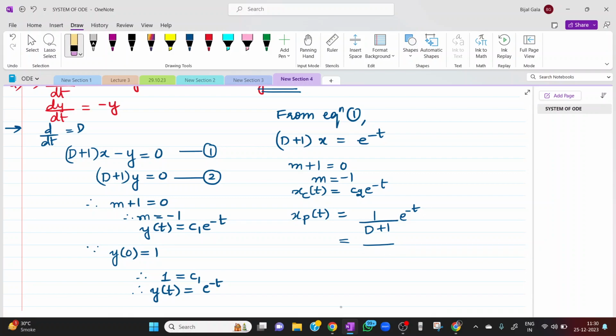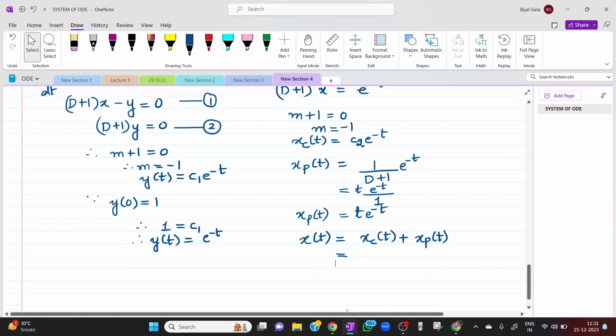In that case, I multiply by t and take the derivative of the denominator, which is 1, and e raised to minus t. So the particular integral is t e raised to minus t. My x of t, the general solution, is the complementary function plus the particular integral, which turns out to be c2 e raised to minus t plus t e raised to minus t.